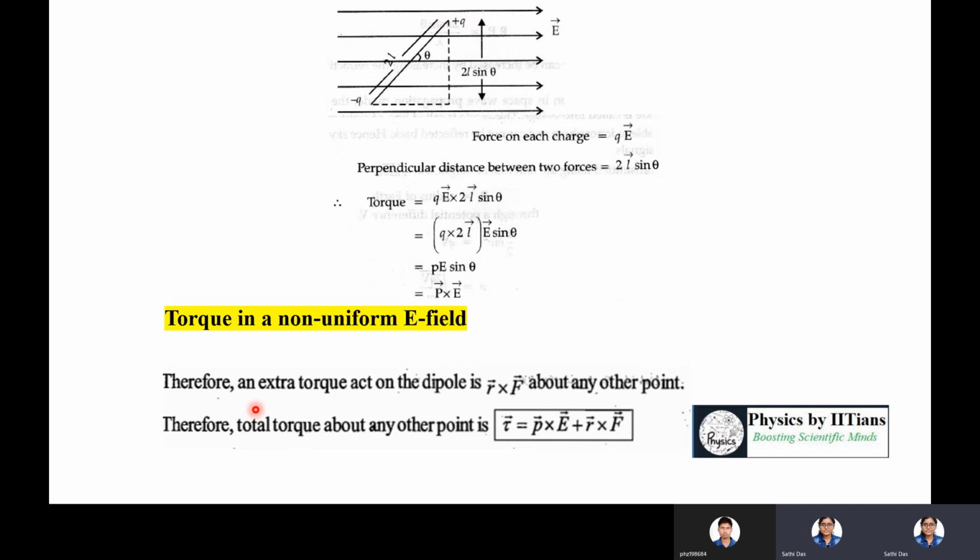Okay. So if this dipole is placed within a non-uniform electric field, then torque tau equals P cross E plus r cross F, where r cross F is the extra torque acting on the dipole about any other point. Okay.